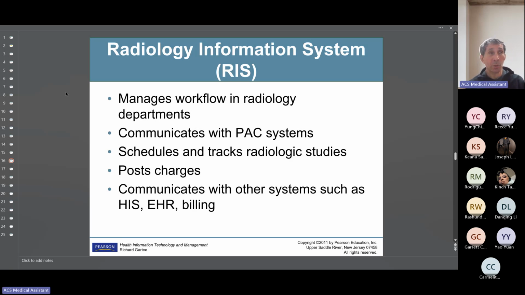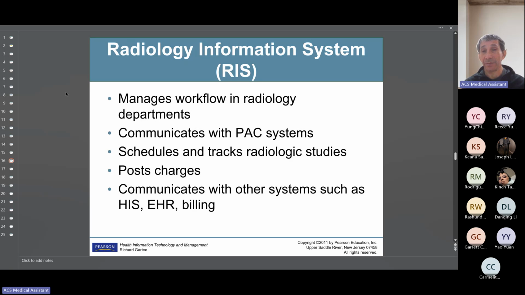This is like when you send something using any of these outside carriers, and they give you some information and numbers that you can use to track down where the package is at this time. So we can track all these radiology orders that we send.